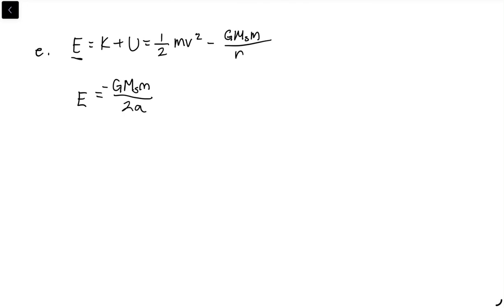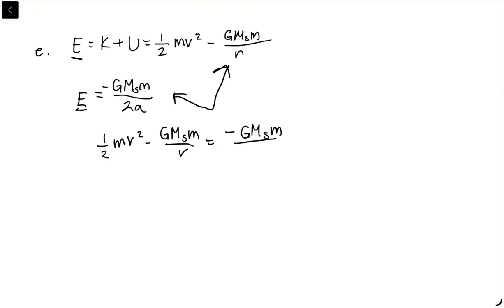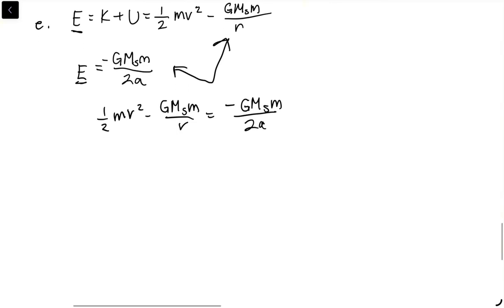So since these are both mechanical energy, we can set them as equal to each other. So 1/2. So our goal here is to isolate for V. So I'm just going to do algebra now. Cancel out this little m. And then I'm going to add this term over.